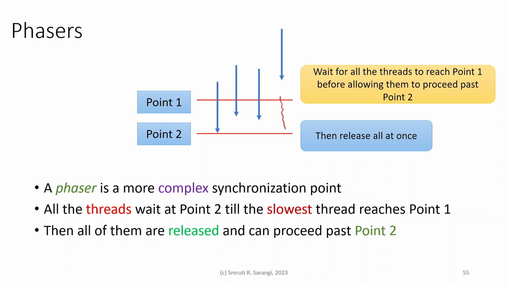Does that make sense? So if I look at the previous example of taking an array with 1,000,000 entries and breaking it down, point 1 could be the point at which all the partial sums have been computed. And point 2 could be a point where this array is actually replaced by another array.